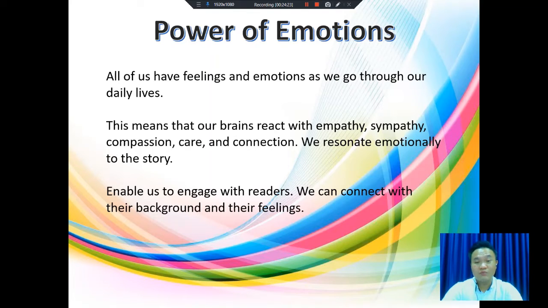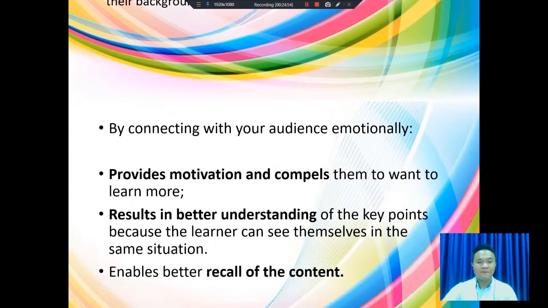This means that our brains react with empathy, sympathy, compassion, care, and connection. So we resonate emotionally with the story. And when you include emotions in your narrative essay, it enables you to engage with readers. We can connect with their background together with their feelings. So that is why it's very important to include emotion in your narrative essay.